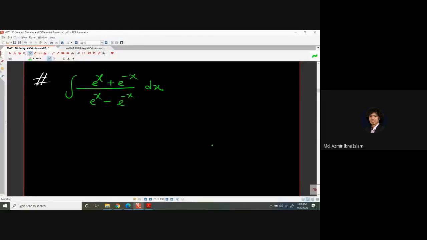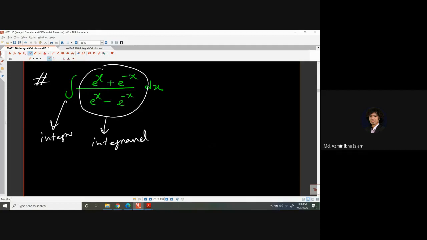So you can see that whatever function we have now is called the integrand. This is the integral sign. We are integrating with respect to x. Whatever function we have here is a complicated function.